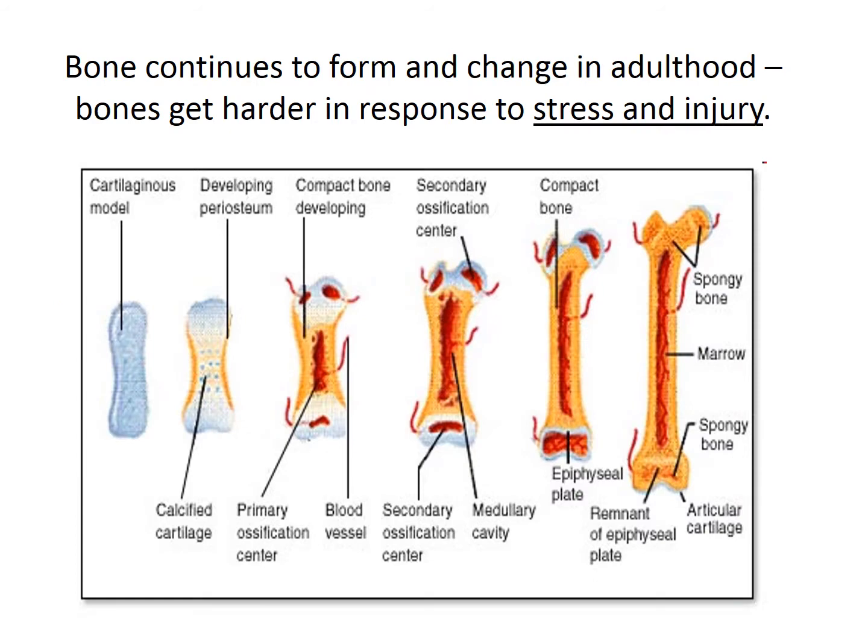Here's a look at how a femur changes as a person ages. We've got straight cartilage on the left, and as we go to the right, we've got more and more bone tissue forming until we have an adult bone, which has no cartilage in it.